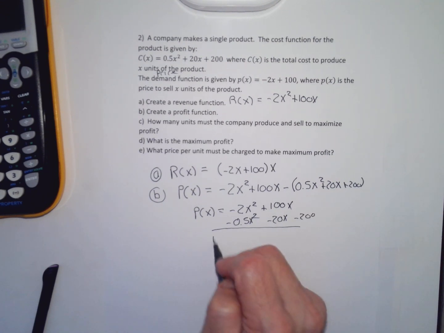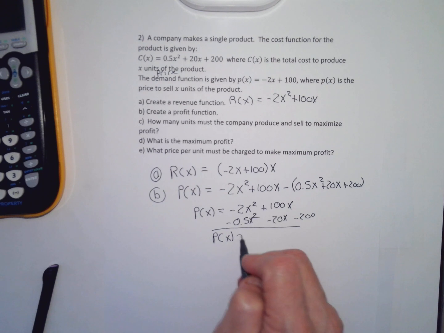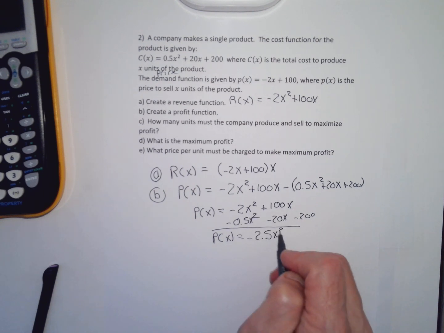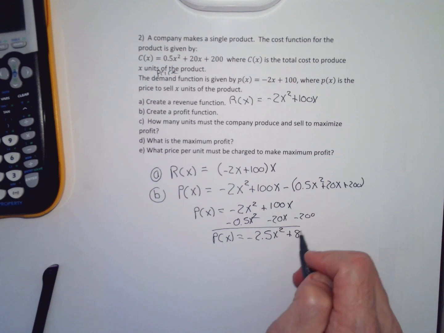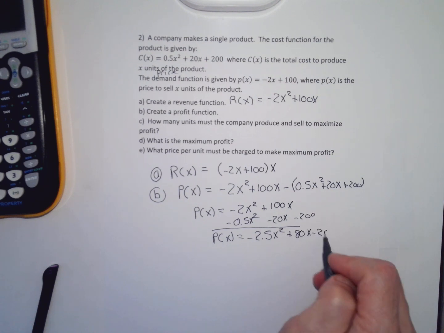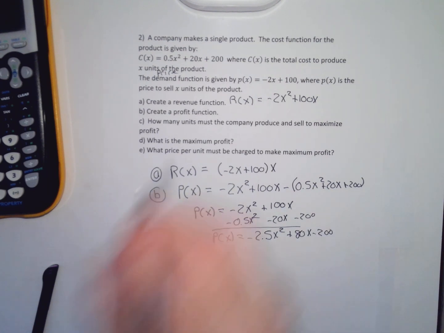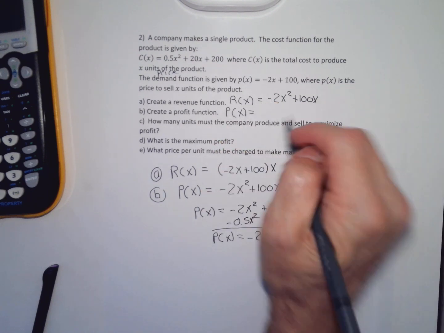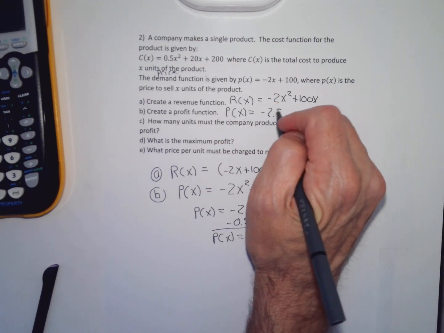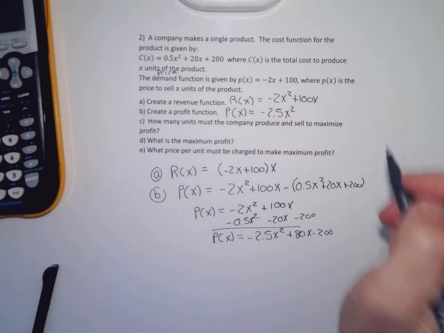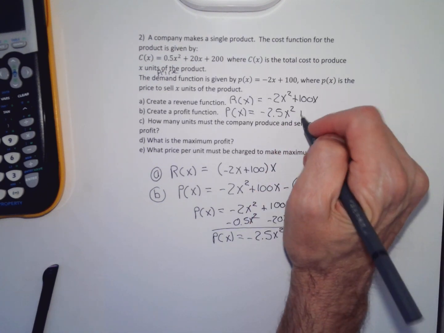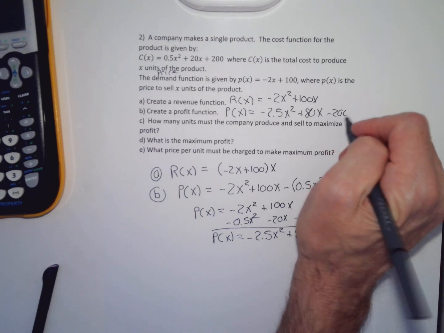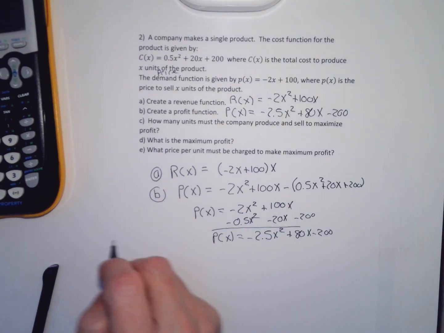I get the profit function is minus 2.5x squared plus 80x minus 200. That's my answer to part B. So my profit function is minus 2.5x squared plus 80x minus 200.